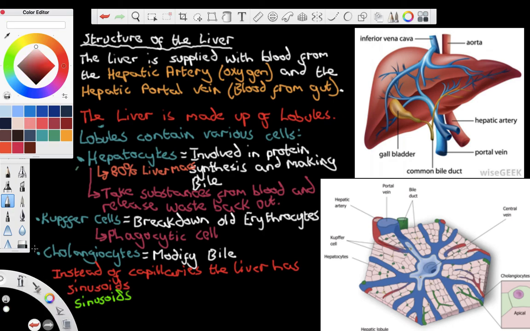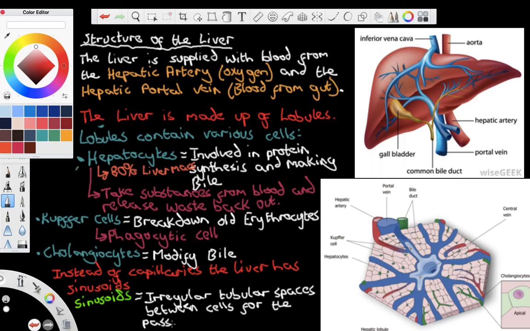as irregular tubular spaces between cells for the passage of blood in the liver.